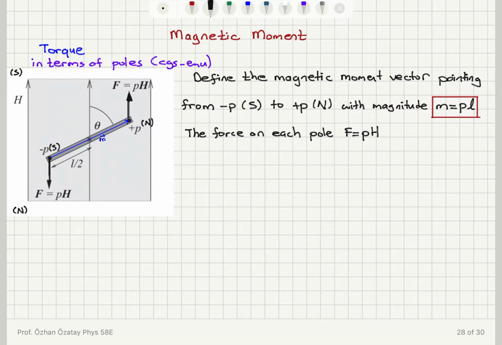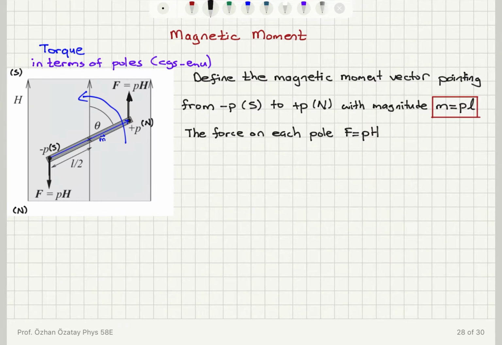So we see that there is going to be a rotation in the counterclockwise direction, until the magnetic moment vector will align with the external magnetic field.